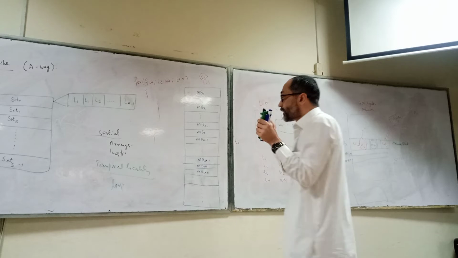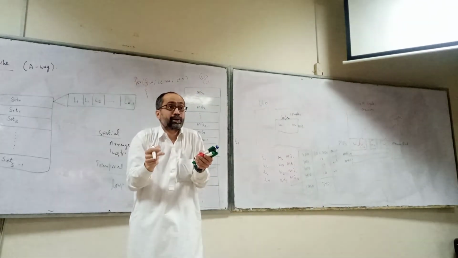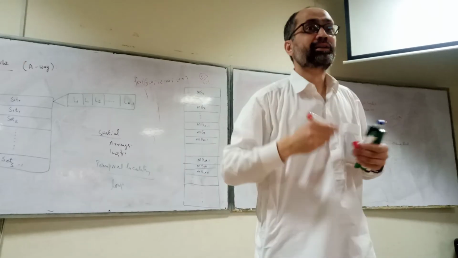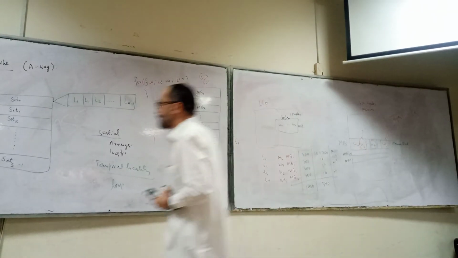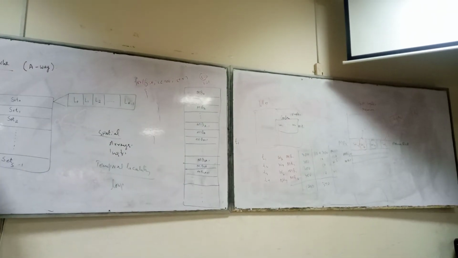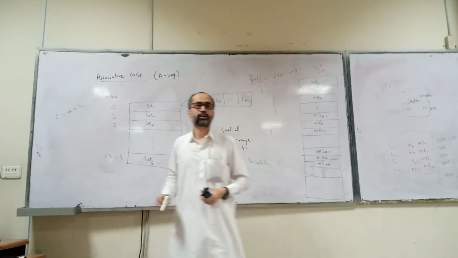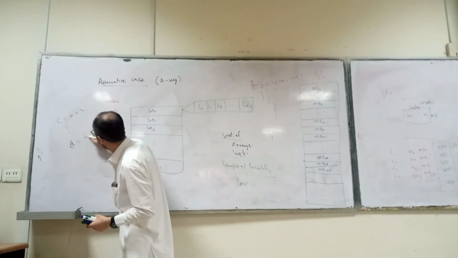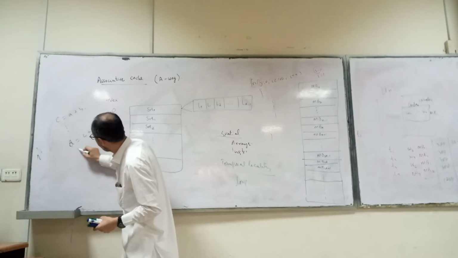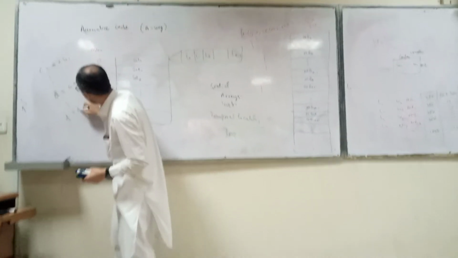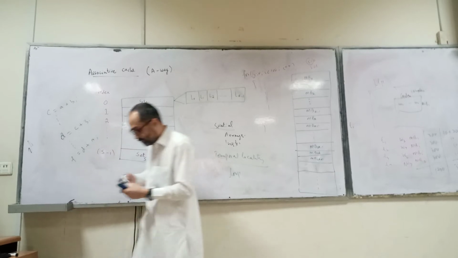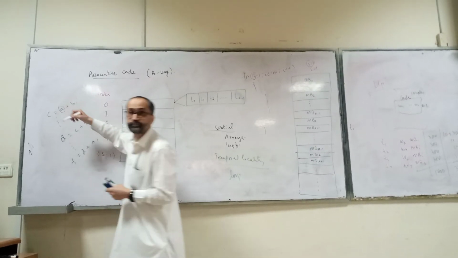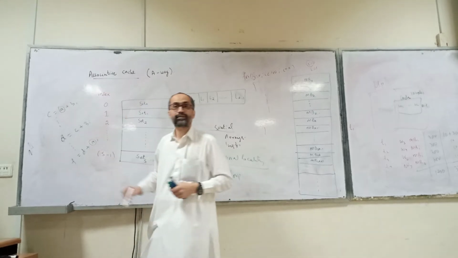So temporal locality says that if an item is accessed now, it is highly probable that the same item will be accessed in the near future. Now there is another property of programs. Let's assume we have C equals A plus B, which is a C statement, and after some time B equals C plus 3, and after some time F equals B plus A. If you look at this program, A is accessed at this time and A is accessed again at this time.